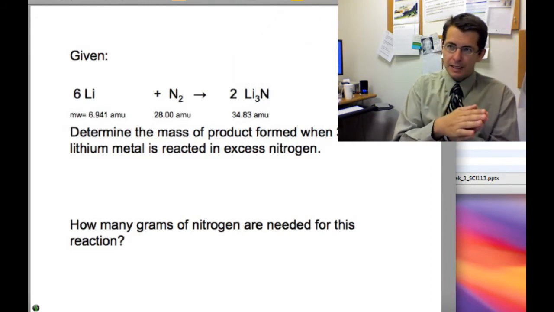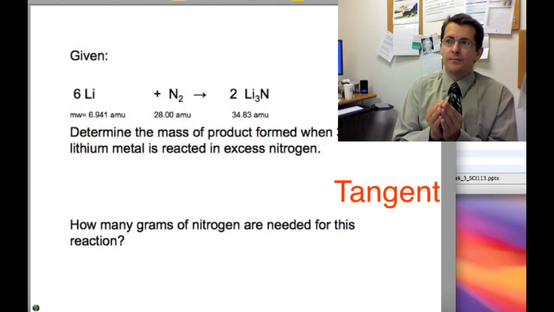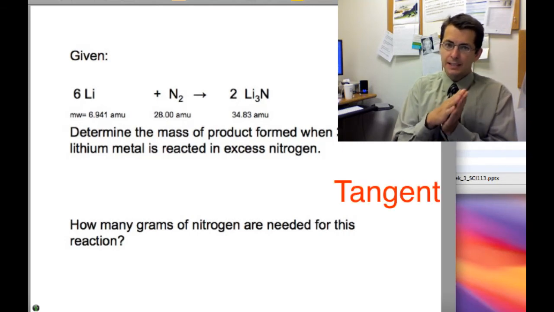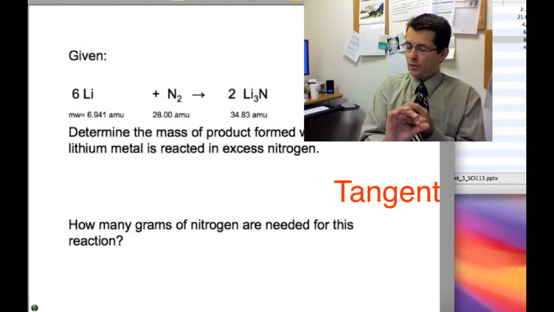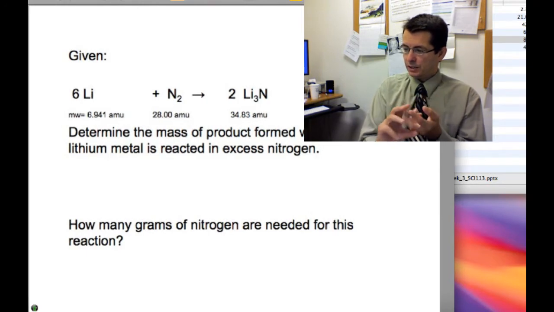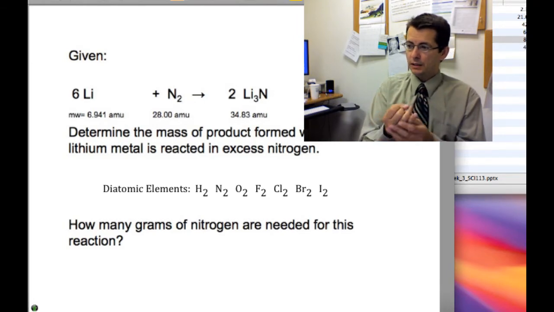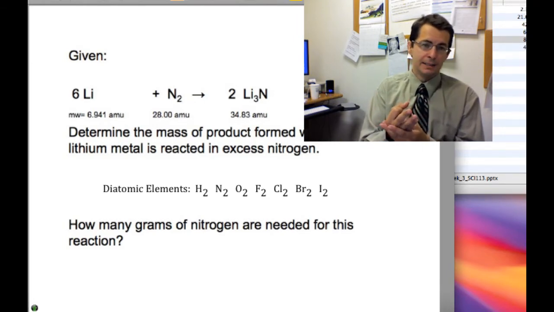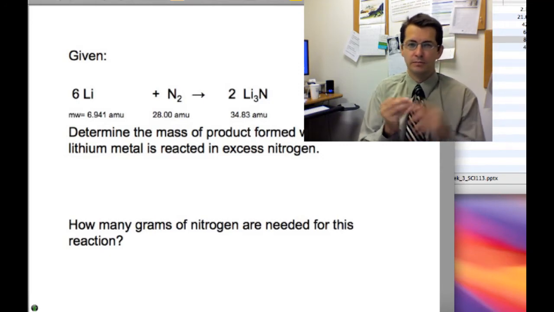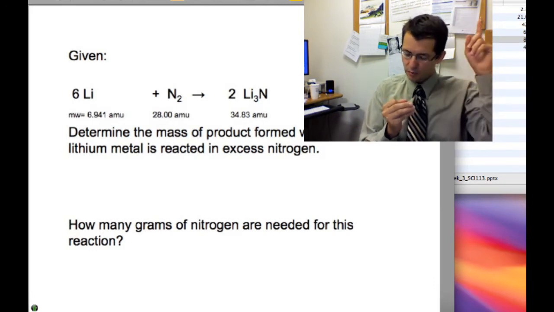Now, certain elements like nitrogen and a handful of other ones exist as diatomic molecules. Those are hydrogen, nitrogen, oxygen, fluorine, chlorine, bromine, iodine, and is there one I'm forgetting? Well, if I'm forgetting one, I'll put it up here.